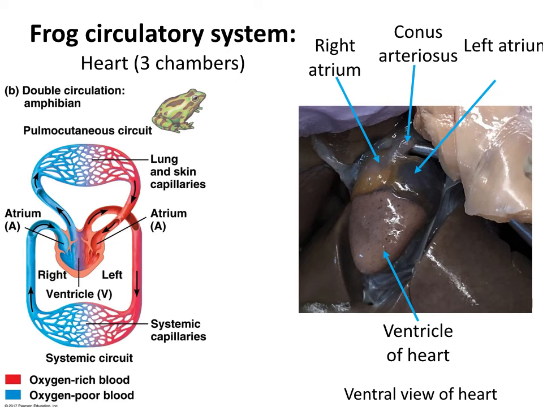So the reason that we have 4 chambers, and mammals and birds are the only ones that do, is because it's way more efficient. If you can see in this diagram on the left, okay, oxygenated blood coming back from the lungs or coming back from capillaries in the skin, because again, I mentioned this earlier, frogs can also do gas exchange through their moist skin.